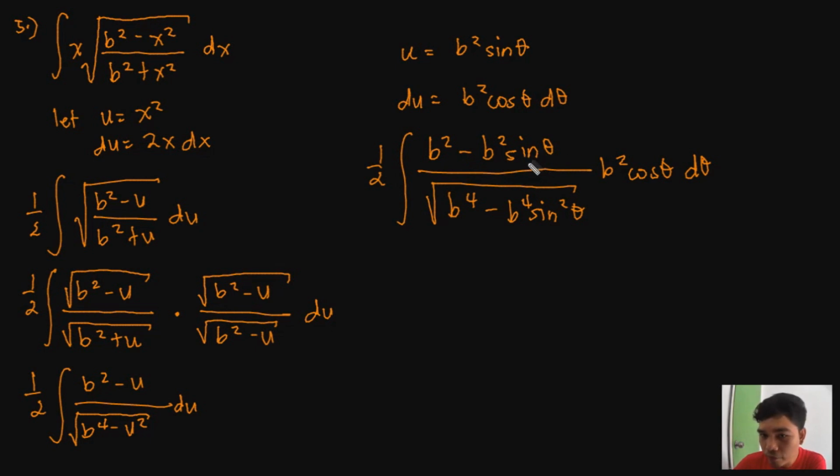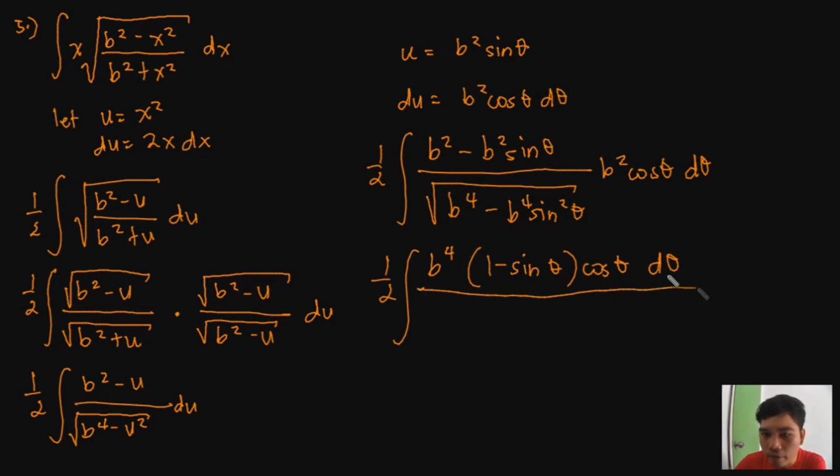We can simplify this further, so we have 1/2, and then we factor out b squared muna dito para hindi tayo magulo. So we have 1 minus sine theta, and then multiplied by this, so gawin natin itong b to the fourth na lang. So b to the fourth, and then meron ditong cosine theta d theta, and then divide this by, ito ngayon magiging b squared, b to the fourth quantity 1 minus sine squared theta, which is cosine squared theta.